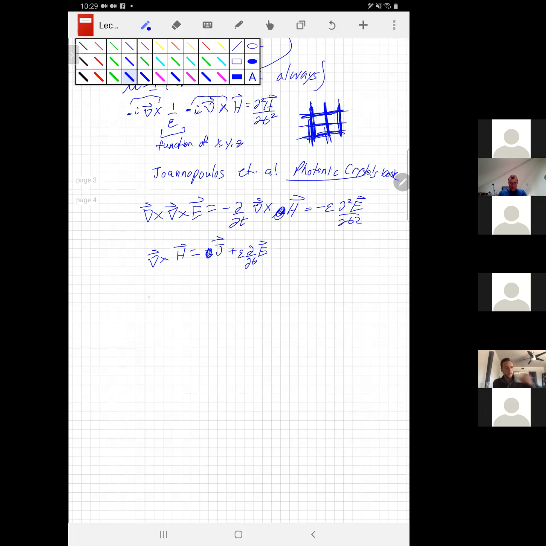Or I could write that as 1 over epsilon minus i curl cross minus i curl. Okay, and they observed in the beginning of the book that this is Hermitian, this is Hermitian, and this is Hermitian, but it's not a symmetric product.